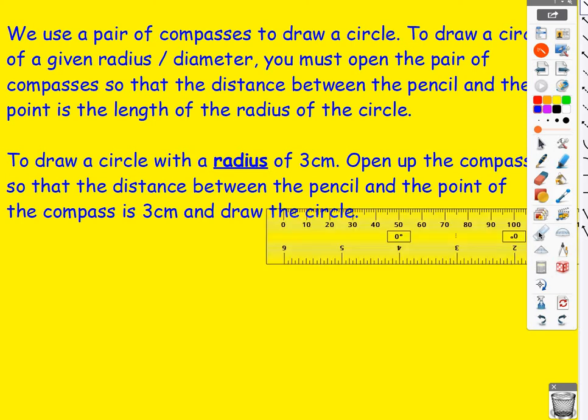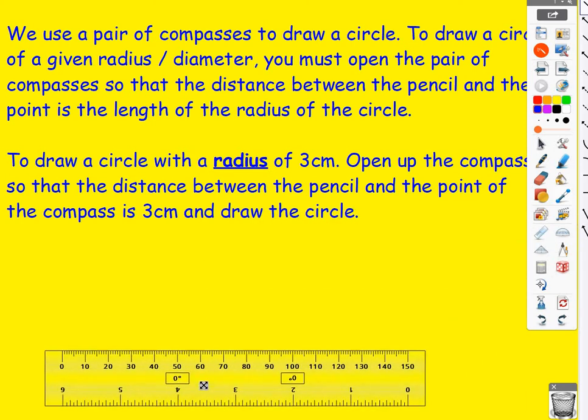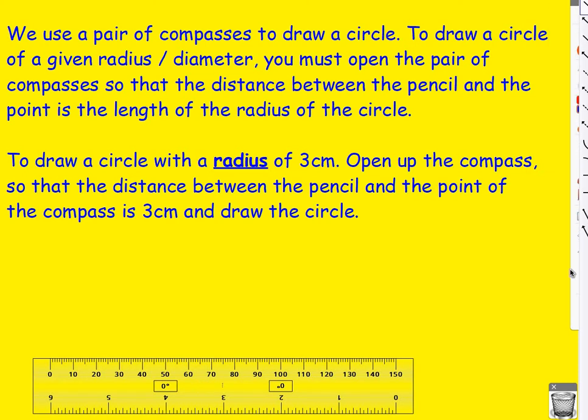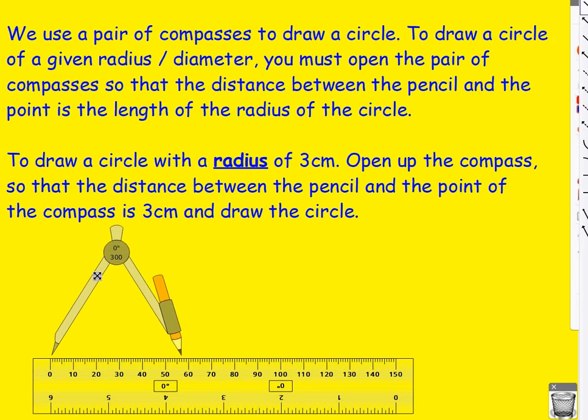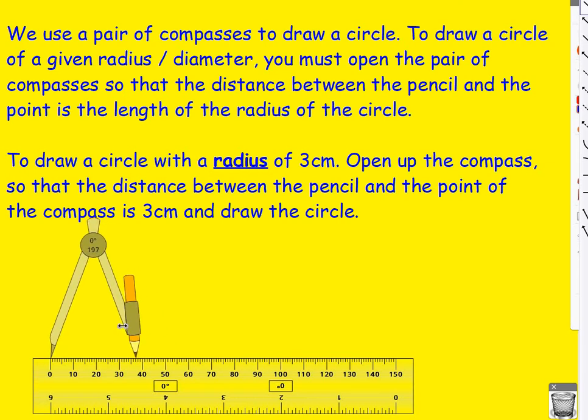I'm going to need my ruler, and I'm also going to need the compass. The radius is going to be 3 centimetres, so I'm going to open up my compass to a distance of 3 centimetres. I've got the point of the compass at 0, and I'm going to shorten the distance to 3 centimetres.